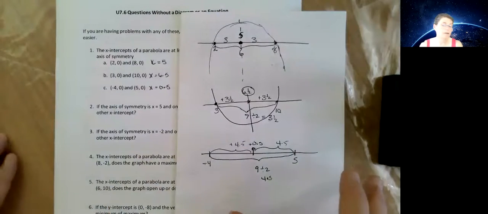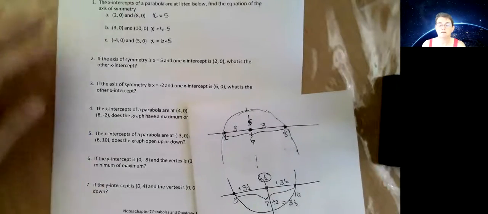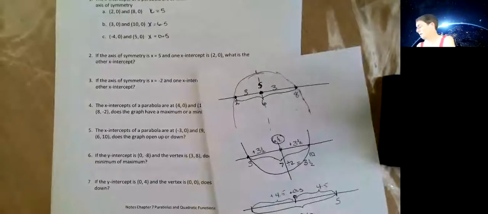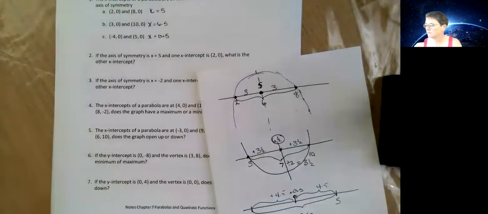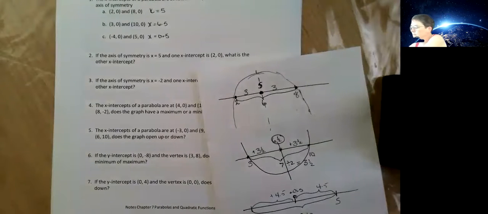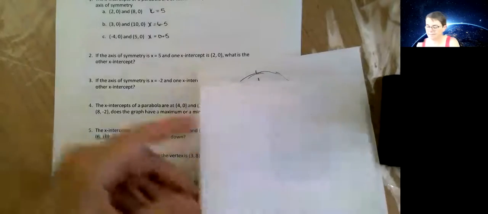And Jellybean apparently agrees with that. Yeah, math is cool, Bean. Let's try. Here's my paper. Sorry. All right, so if the axis of symmetry, go lay down.